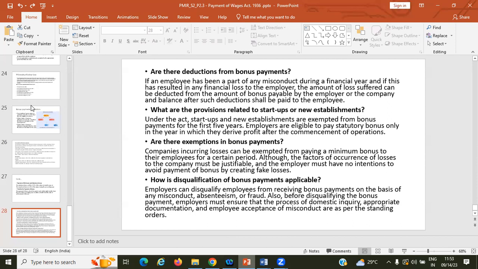You go through that, and if you have any question, any doubt, you let me know. All these three: Payment of Wages Act, Minimum Wages Act, and Bonus Act.